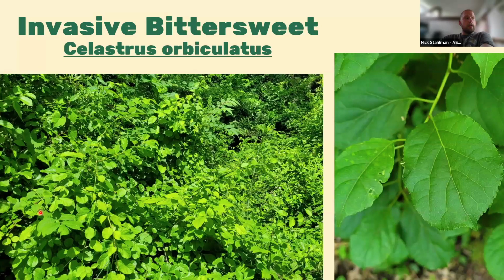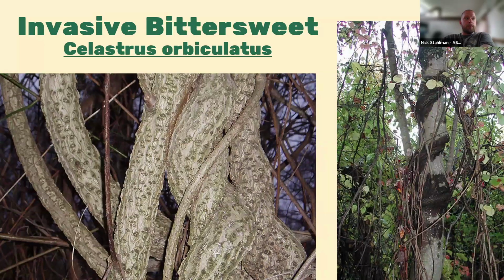These are very young plants or the very leading edge of the plant, but this can get very thick. Diameters can get over 10 inches, and that's when you start to really see that this is a woody vine. The bark has these nice diamond shaped patterns on the grayish bark.